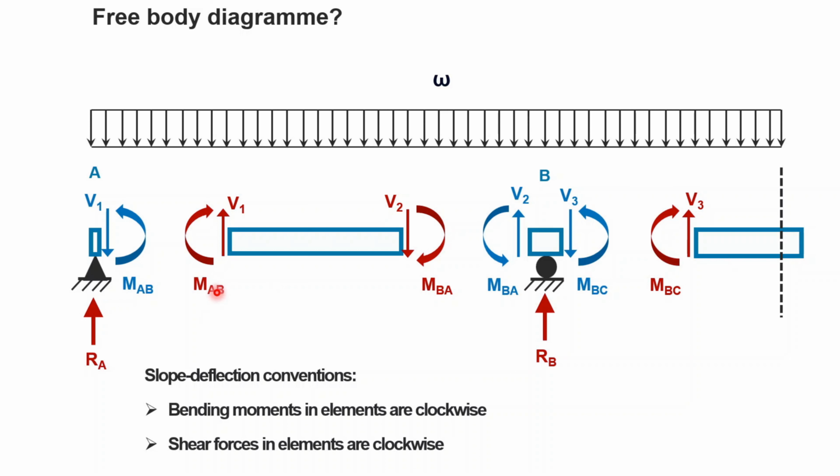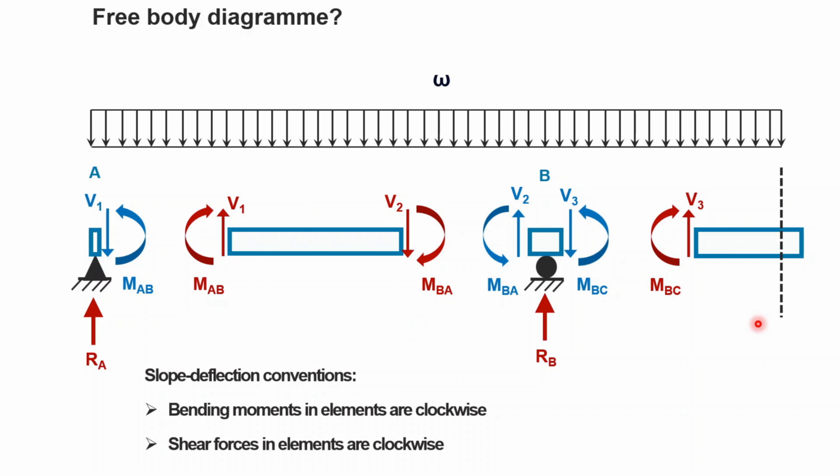For example, when you have V1 here, V1 blue should be here because of the equilibrium equation. They should be identical but in the opposite direction. So always the blue ones are in the opposite direction of the red ones, and the convention I'm talking about is always valid for the element, not for the support. The support convention is opposite to the convention for the element.